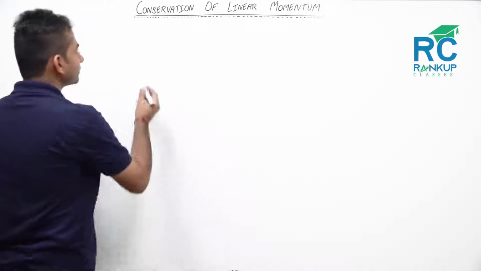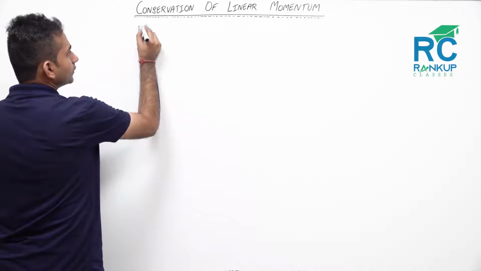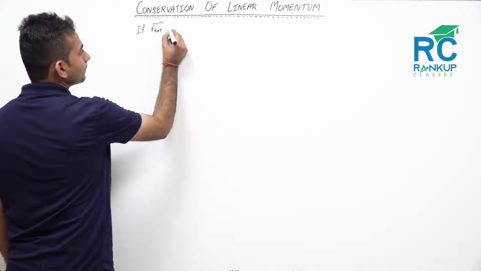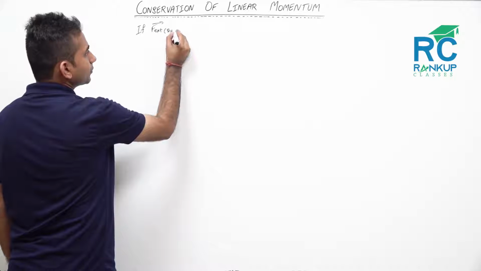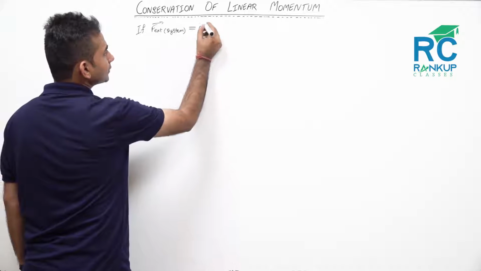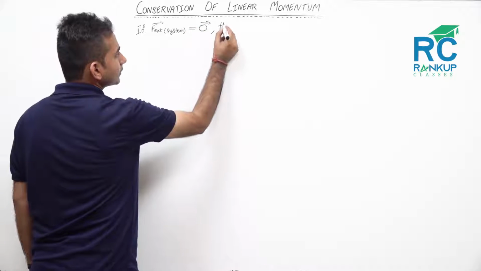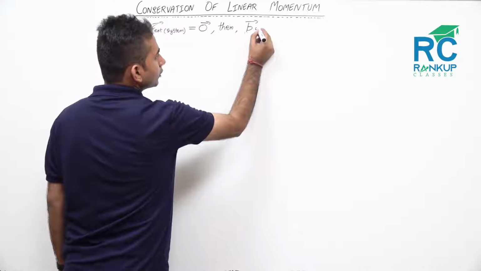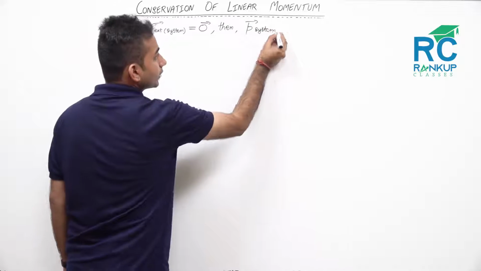According to this principle, if the external force acting on the system is zero, which means there is no external force acting on the system, then in that case, the linear momentum of the system will remain constant or conserved.